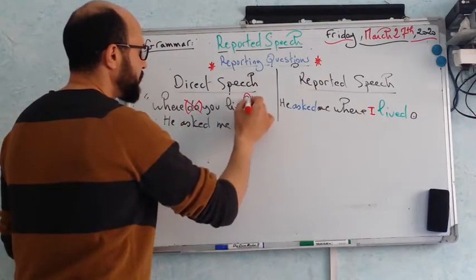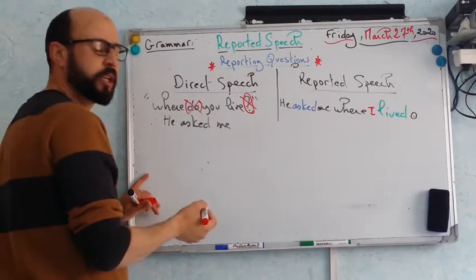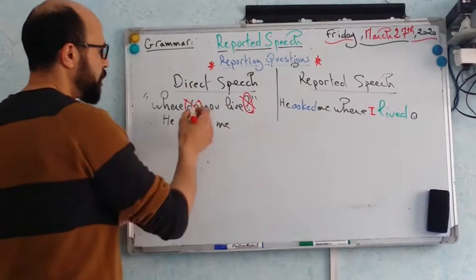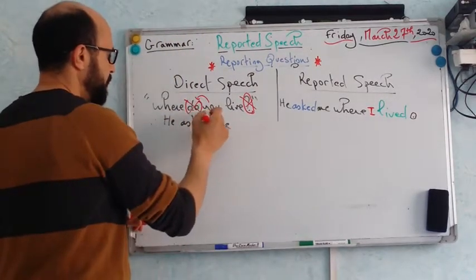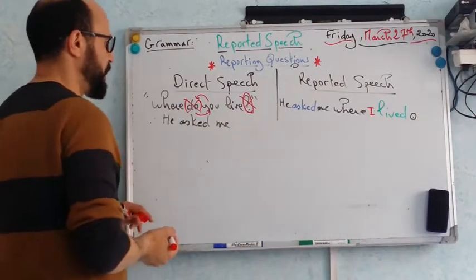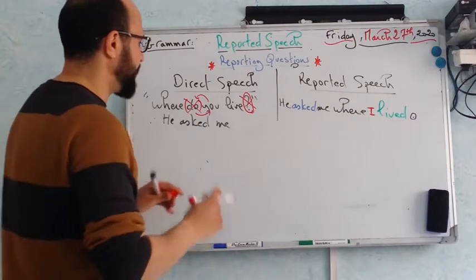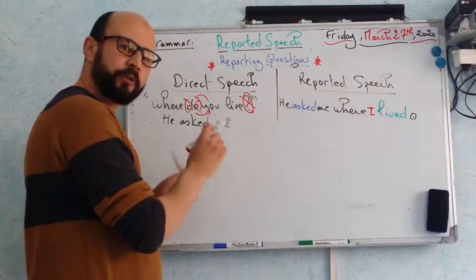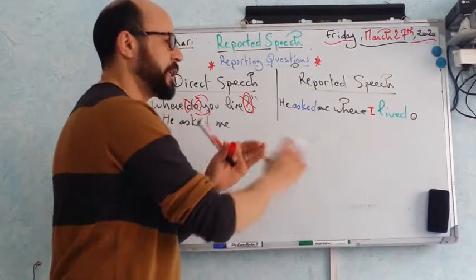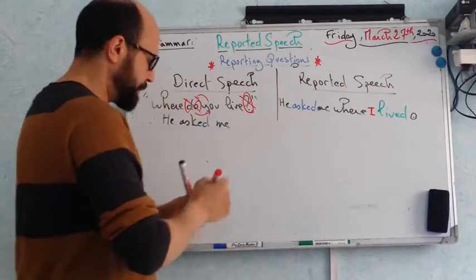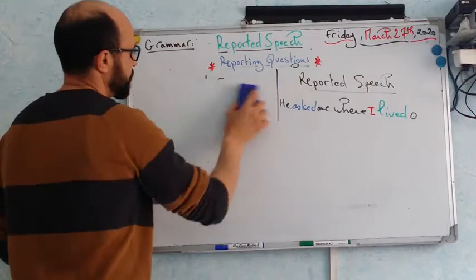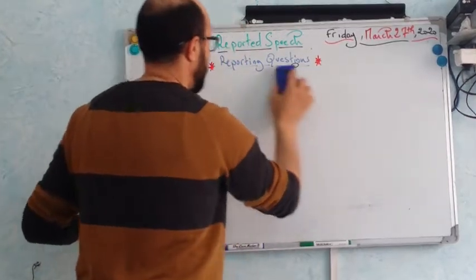The question mark doesn't exist anymore because we are no more in an interrogative sentence, we are in a declarative sentence. Of course, there was an inversion, and after we omit the verb there is no inversion anymore. This is what is very typical about reporting questions: the reported sentence is not a question, it's a sentence.